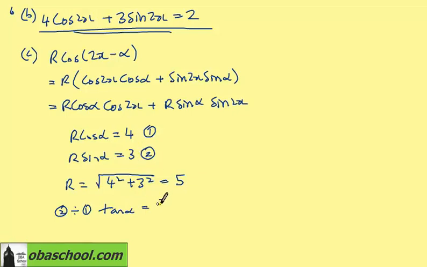That's equal to 3 over 4. So alpha is the inverse tangent of 3/4, which is 36.87 degrees to the 2 decimal places required.